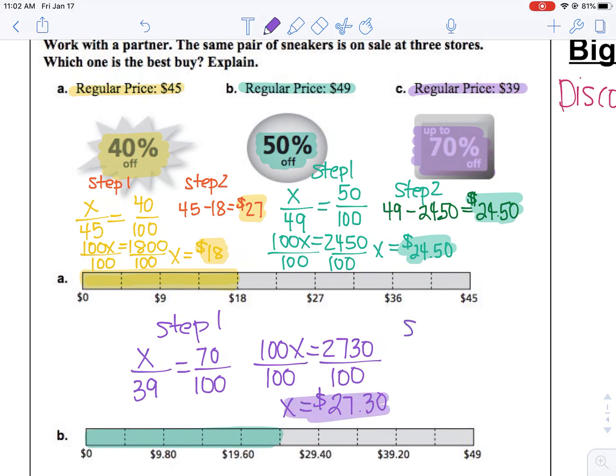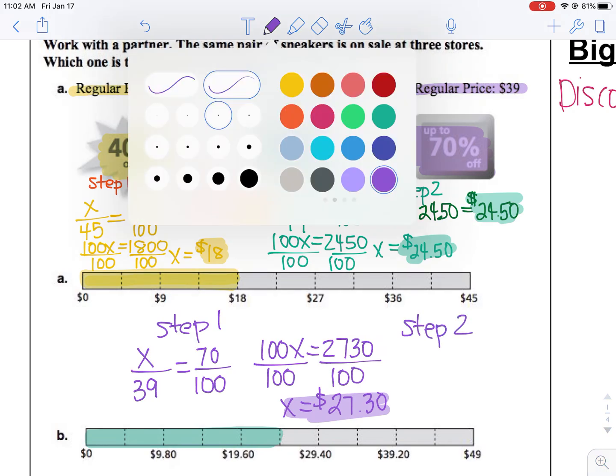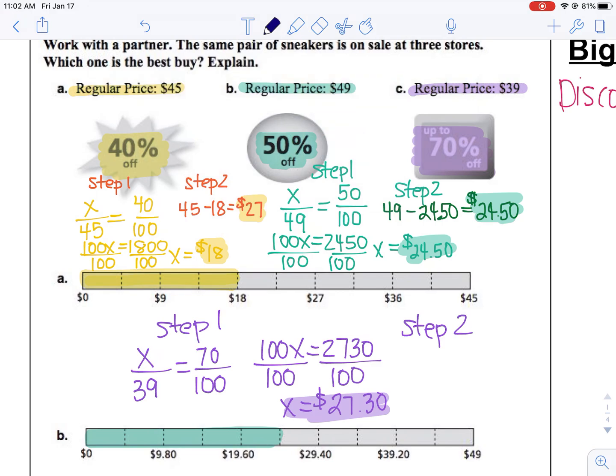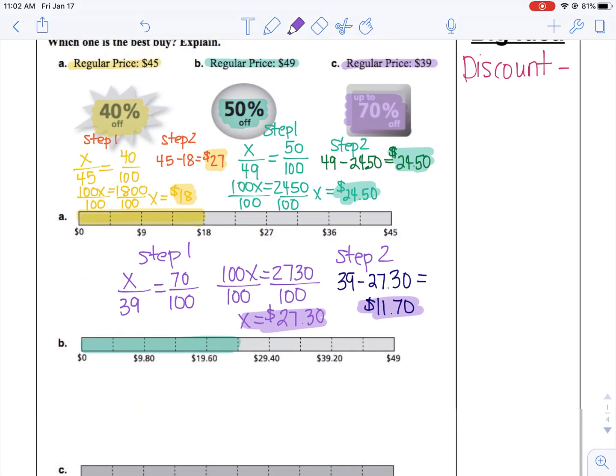And then we still have step 2. Step 2 has you take the original minus the discount, and that gives you your discounted price.